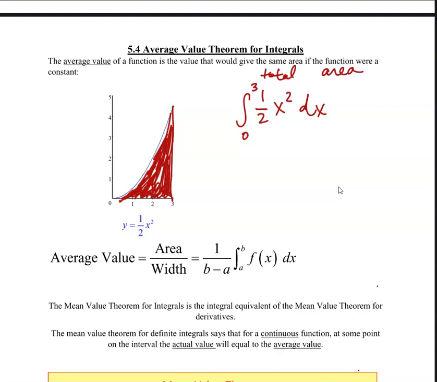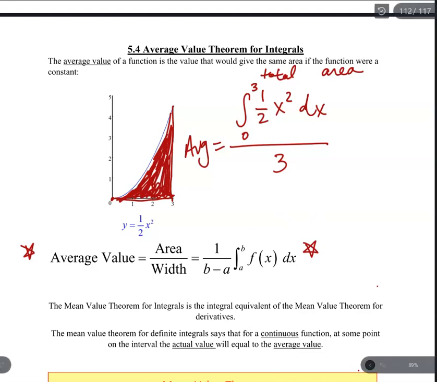Well, since it was over an interval that was 3 units in length from 0 to 3, we would just divide this by 3, and that's going to give us our average value. And so the formula, if you want to remember this, is the total integral from a to b divided by b minus a, the width of the interval.